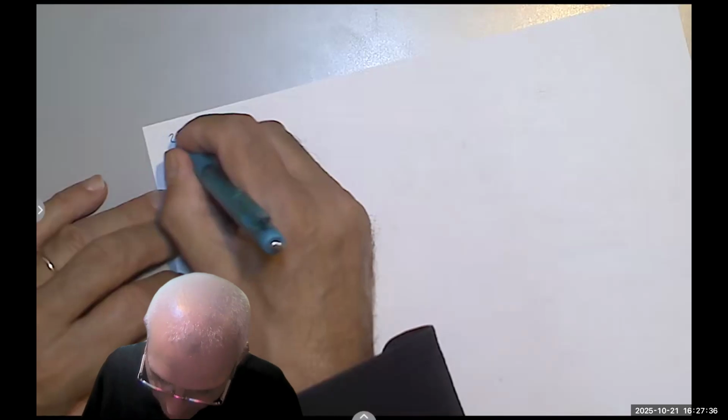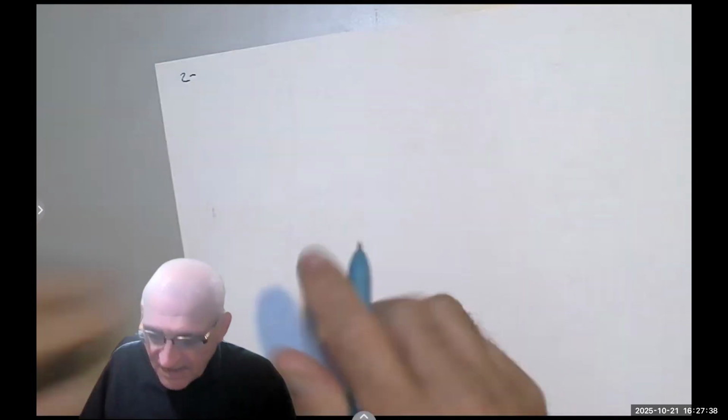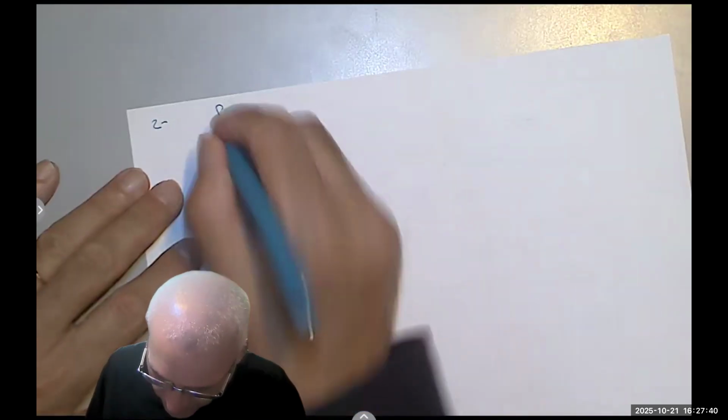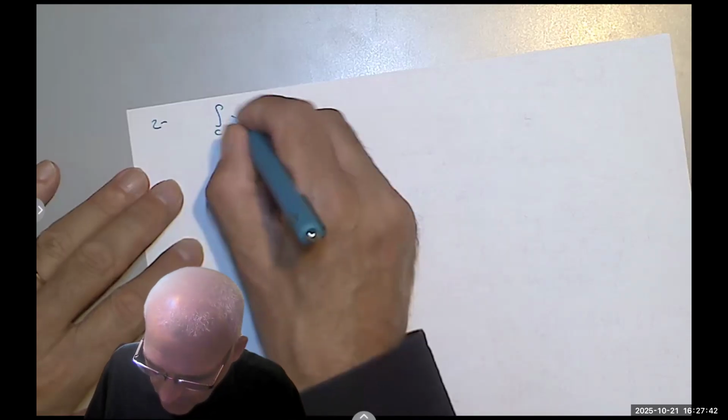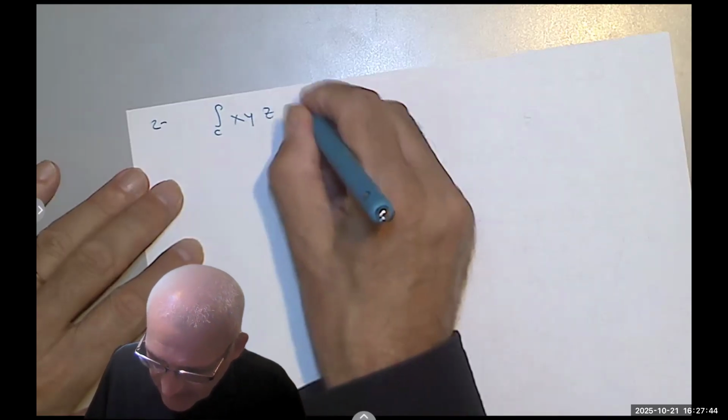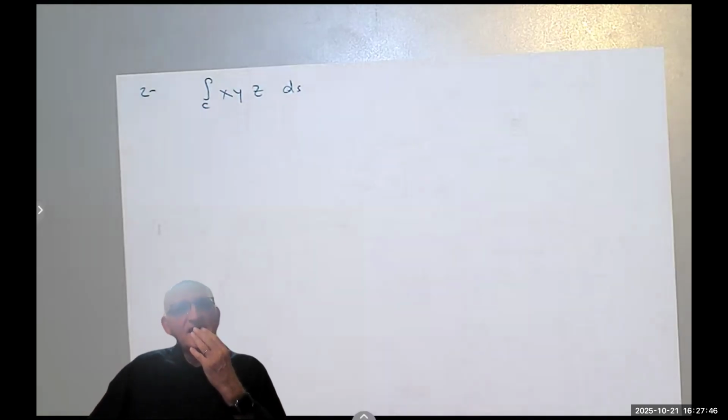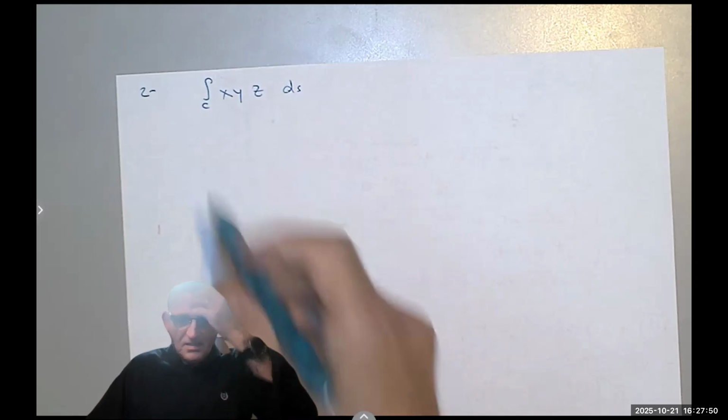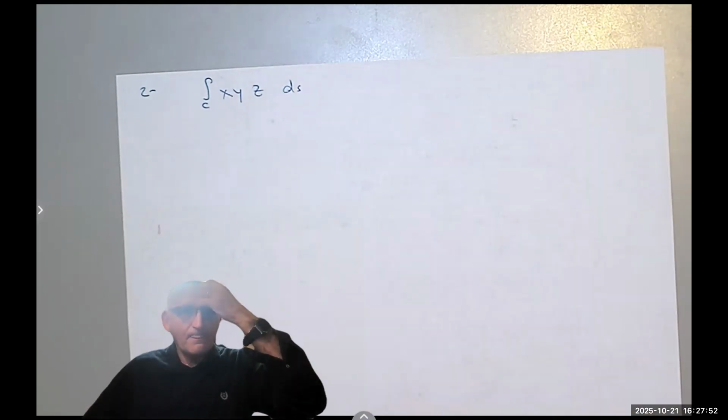Let's take another example. And the second example is a 3D. So I'm going to integrate xyz ds. What is ds? What is the curve C that has a length of s?